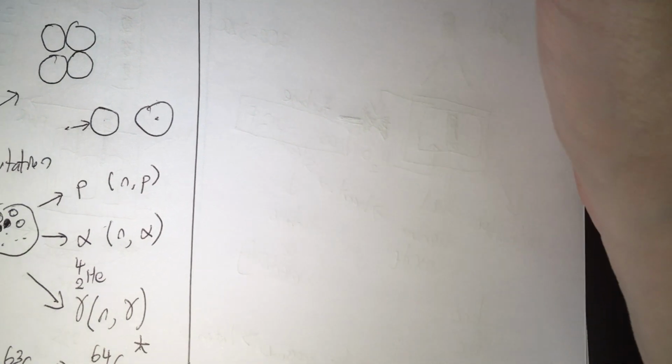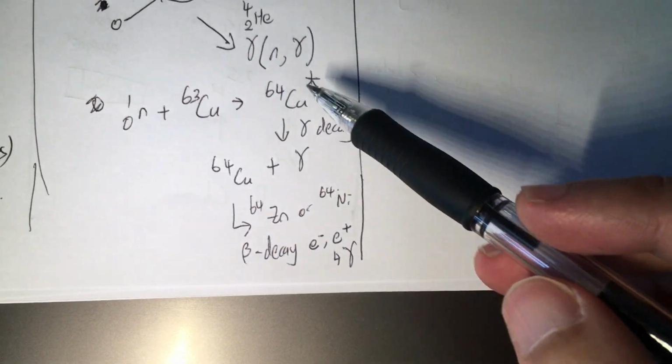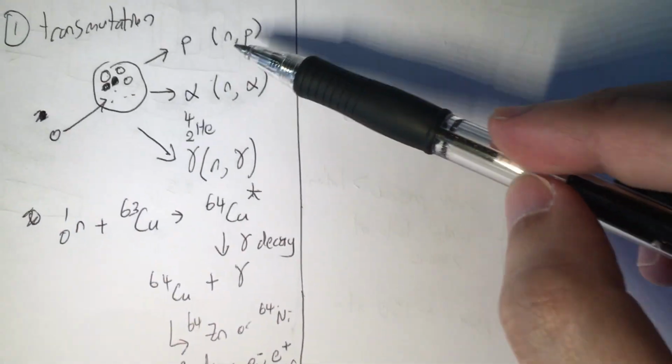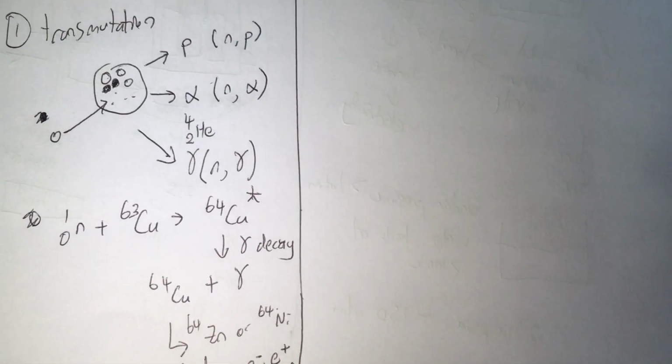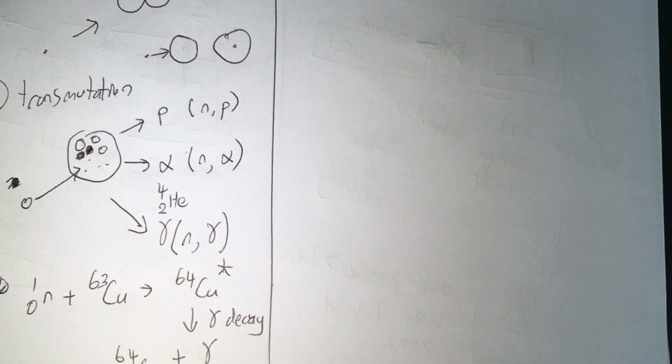Every time a nuclear transmutation happens, it can create all these unwanted particles that can cause even more radiation damage to our material.